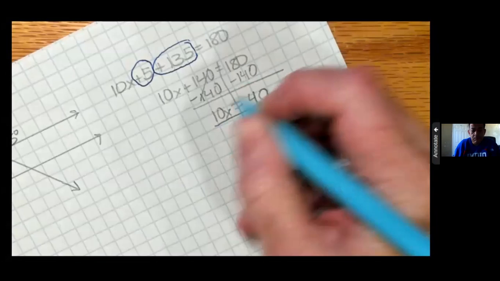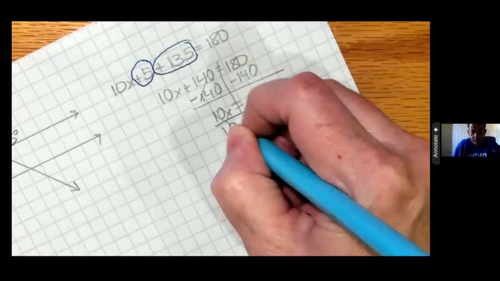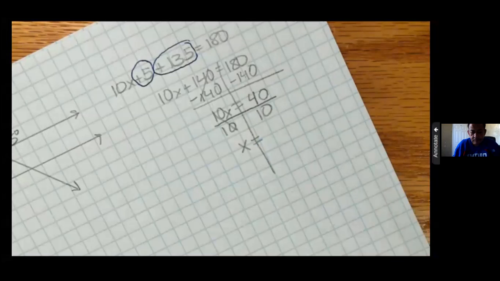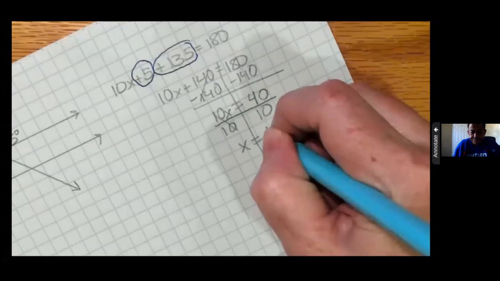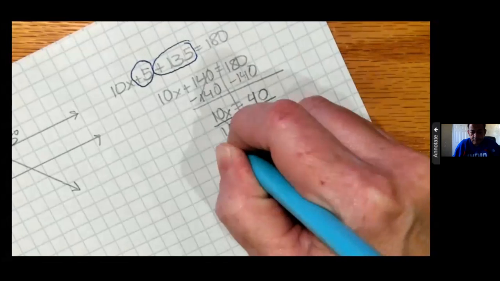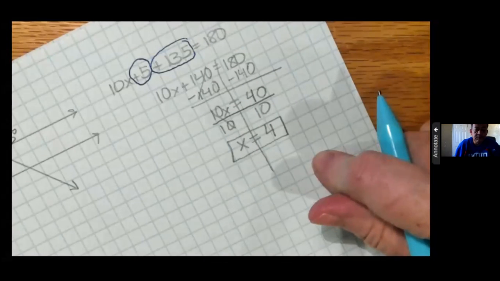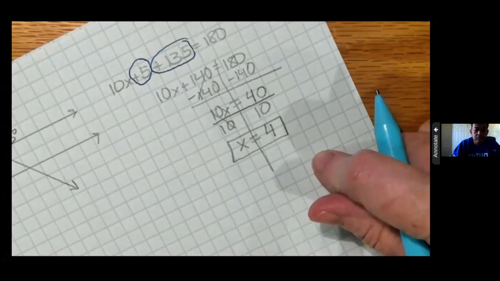I'm going to divide both sides by 10, and x equals what? 4. Yeah, exactly. And because it's only asking me to solve for x, I am done on this one. That's the answer. Now, 13 and 14, they ask you to solve for the angle.